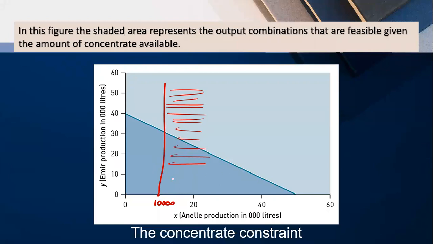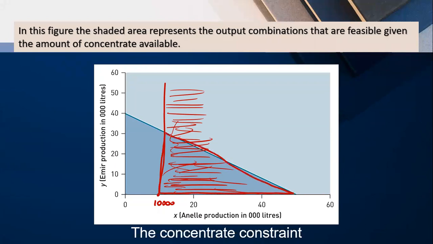The common area will become this smaller triangular area that you have here. This is the common area for the two inequalities that we have.